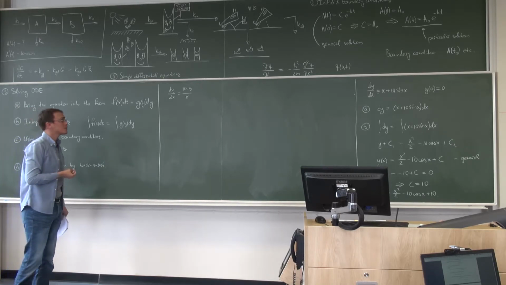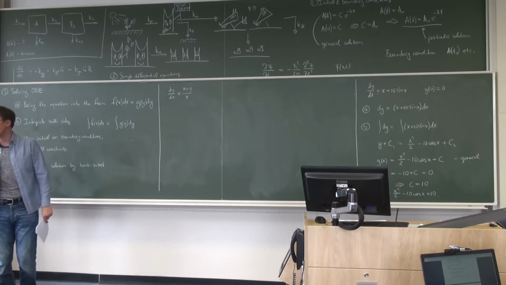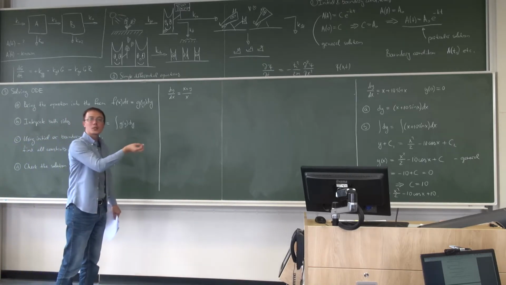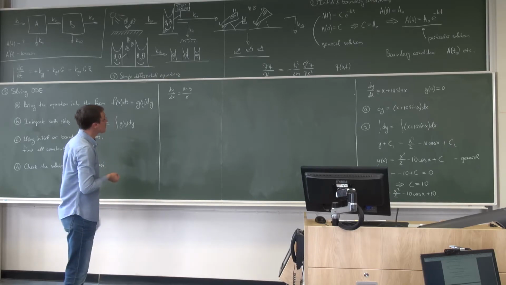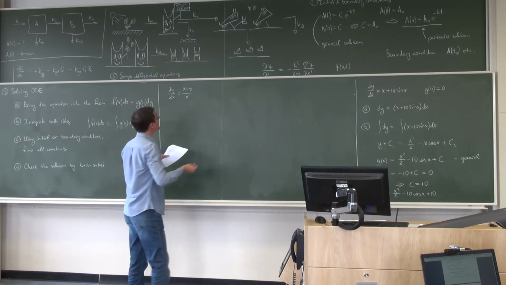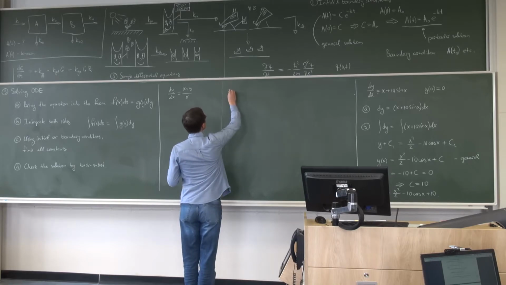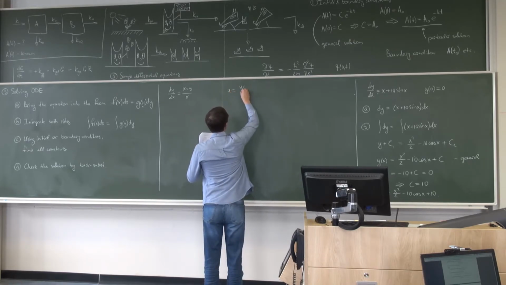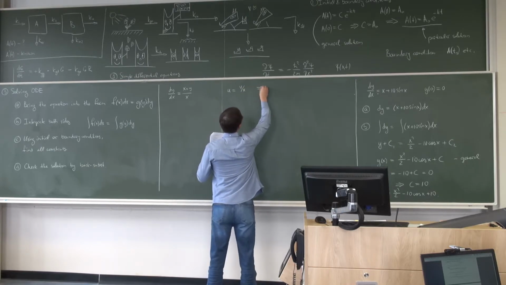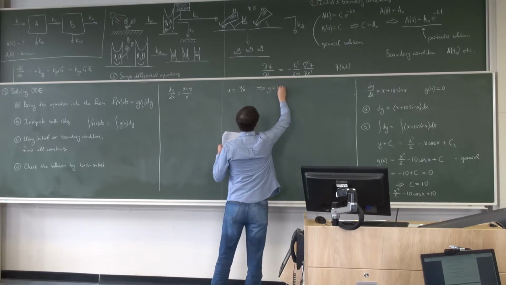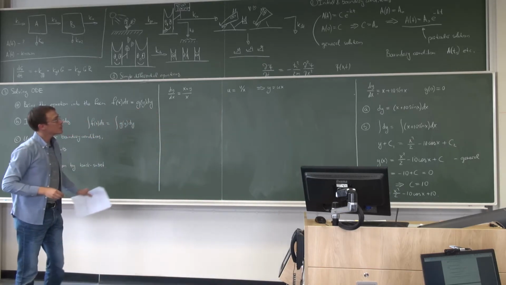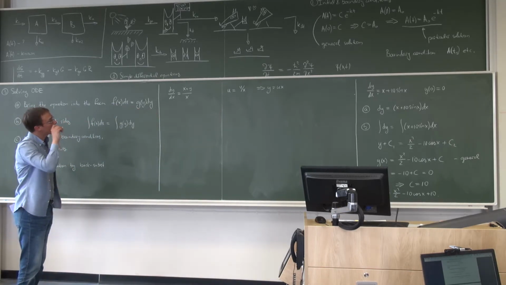You will always find that x and y are inextricably entangled here, and it wouldn't be possible to actually split the two no matter how hard you try. Thankfully, the problem tells us that we must use the substitution u equals y over x, or equivalently y equals ux, to introduce a new variable, and that will split the equation up.